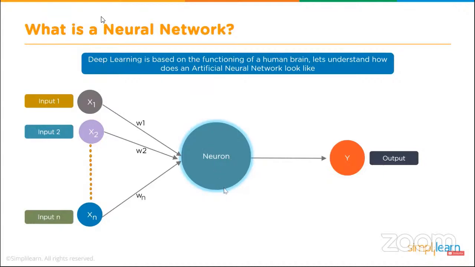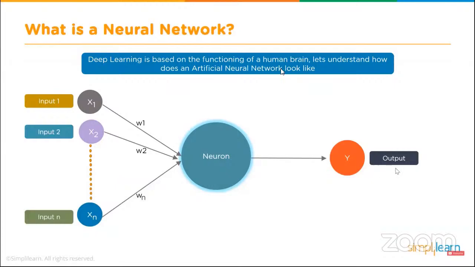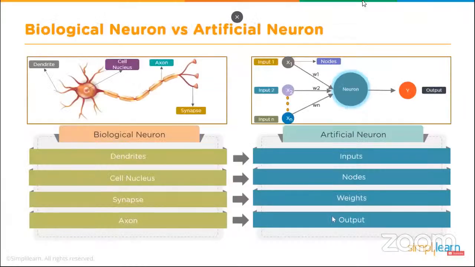In the next slide we will see that this passes through an activation function, and the output comes as y, and based on certain criteria the cell gets either activated or not activated. So this output would be like a 0 or a 1, binary format. Okay, we will see that in a little more detail, but let's do a quick comparison between a biological and an artificial neuron.